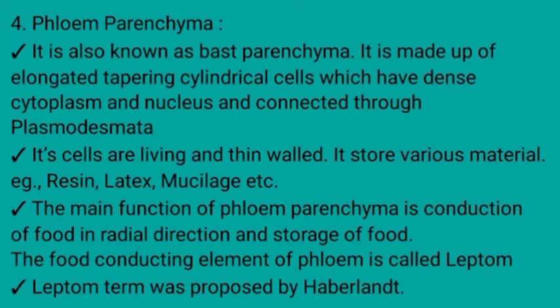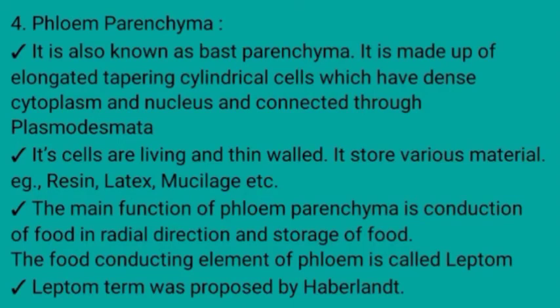Fourth one, phloem parenchyma. It is also known as bast parenchyma. It is made up of elongated tapering cylindrical cells which have dense cytoplasm and nucleus and are connected through plasmodesmata. Its cells are living and thin-walled.